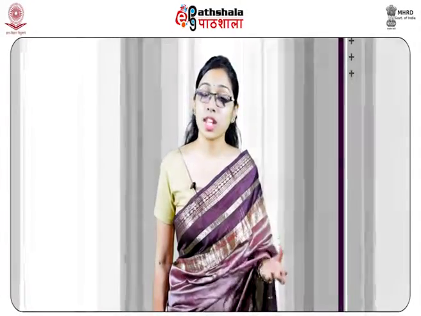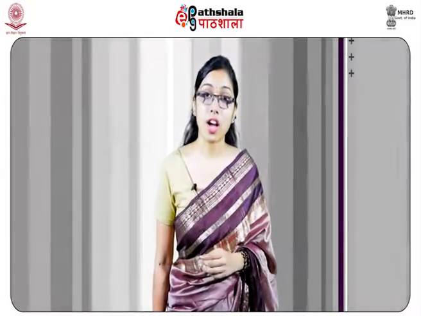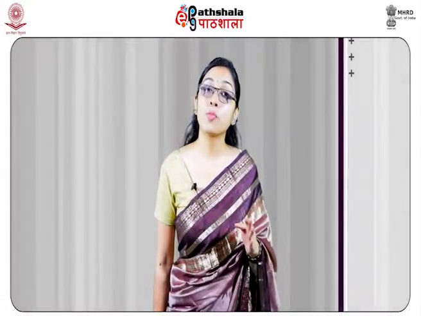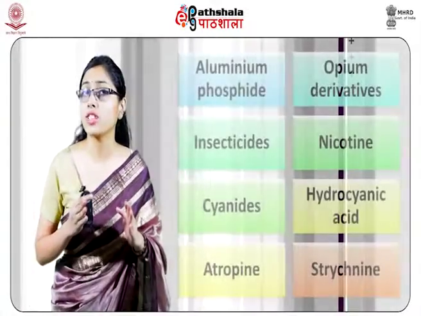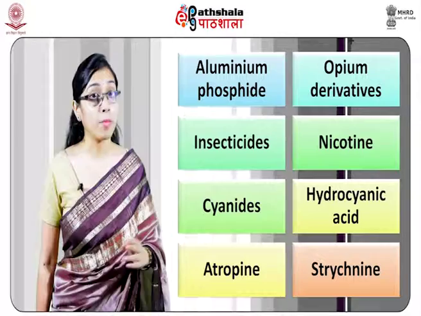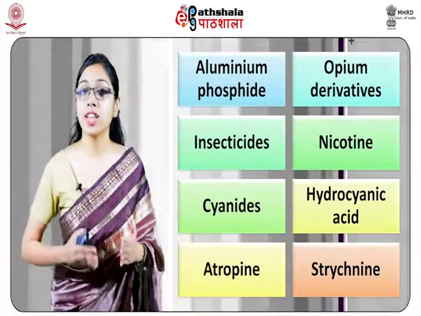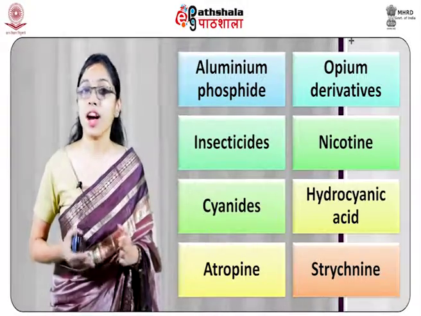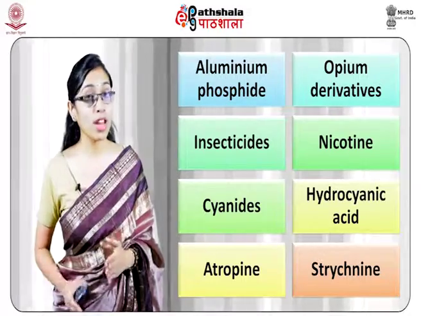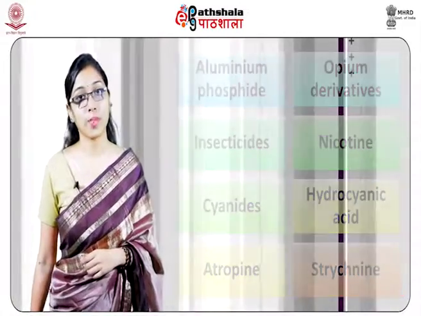Potassium permanganate is an oxidizing agent used in poisoning with oxidizable substances like cyanides, phosphorus, atropine and other alkaloids. A dilute solution of potassium permanganate is used in any poisoning such as aluminium phosphide, opium derivative, insecticides, nicotine, cyanides, hydrocyanic acid, atropine and strychnine, etc.